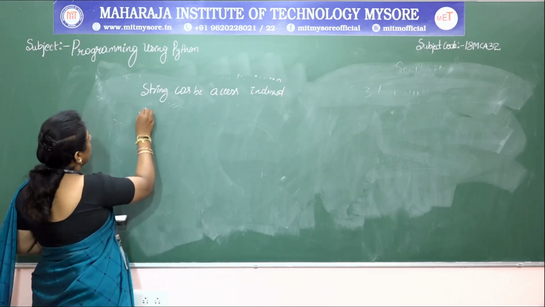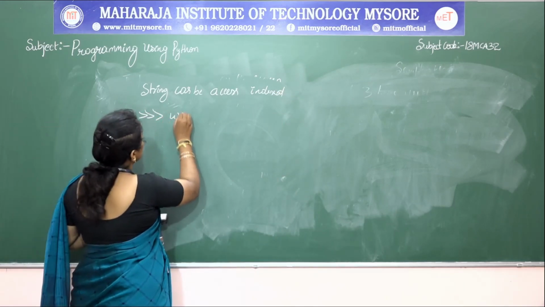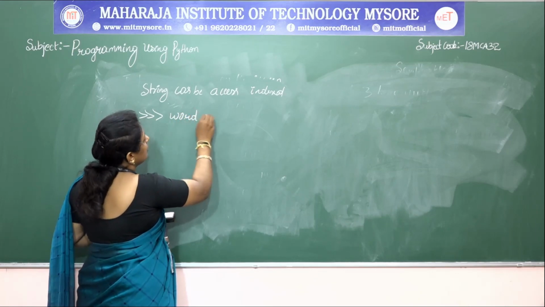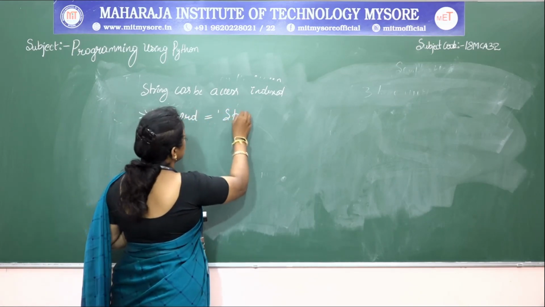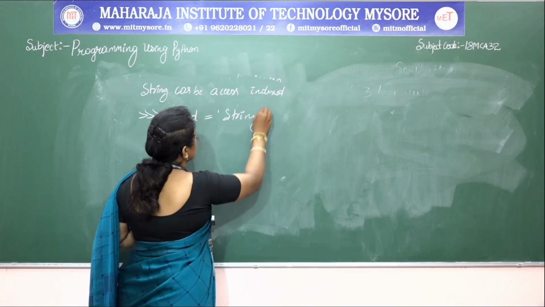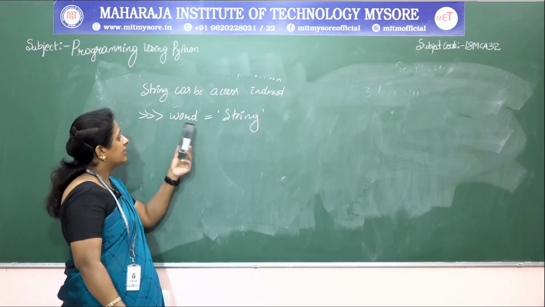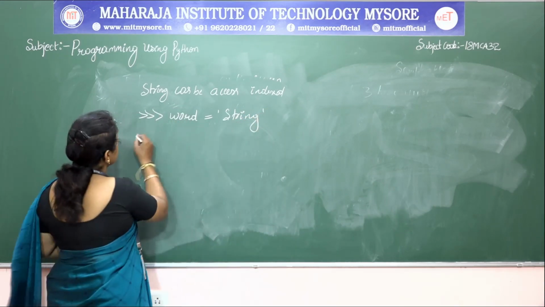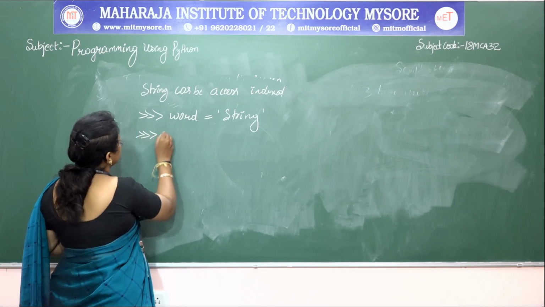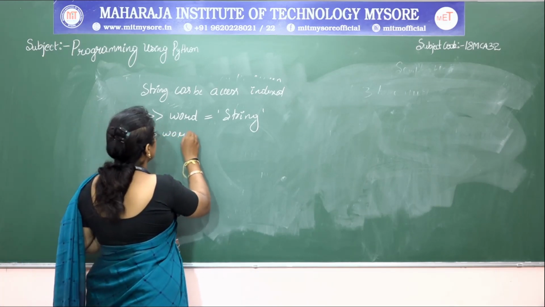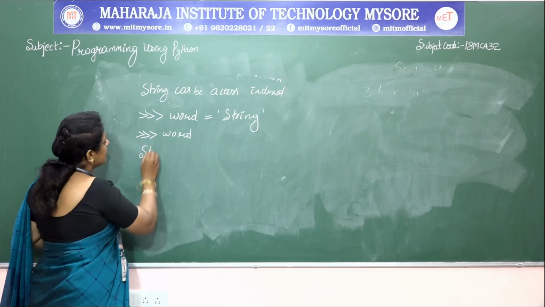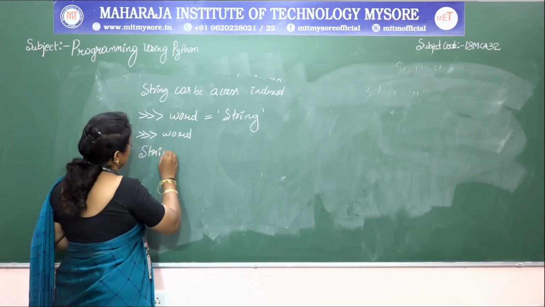So consider an example: word, and here I am assigning a value as a string. So when I print word, it is going to display the whole content, that is the string itself.